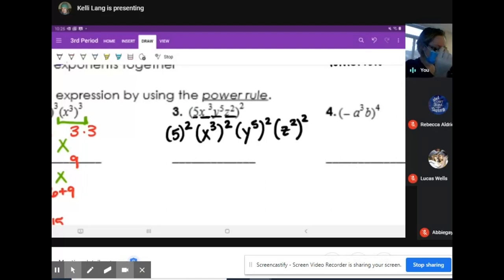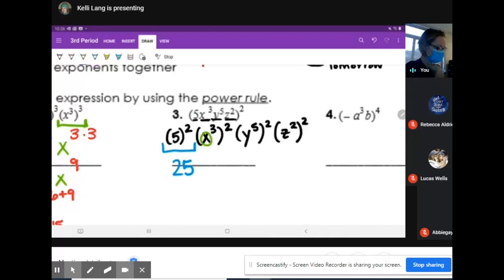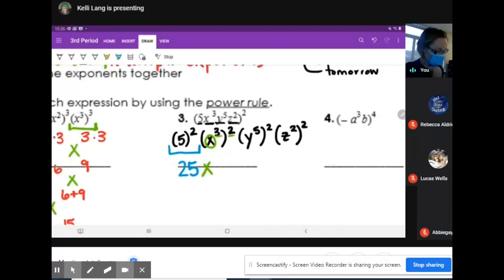Some of these are pretty easy to simplify. For instance, 5 squared, that's just a numerical calculation. 5 times 5, that'll give us 25. The next piece is a base with 2 exponents, so we can rewrite this by multiplying those exponents together.